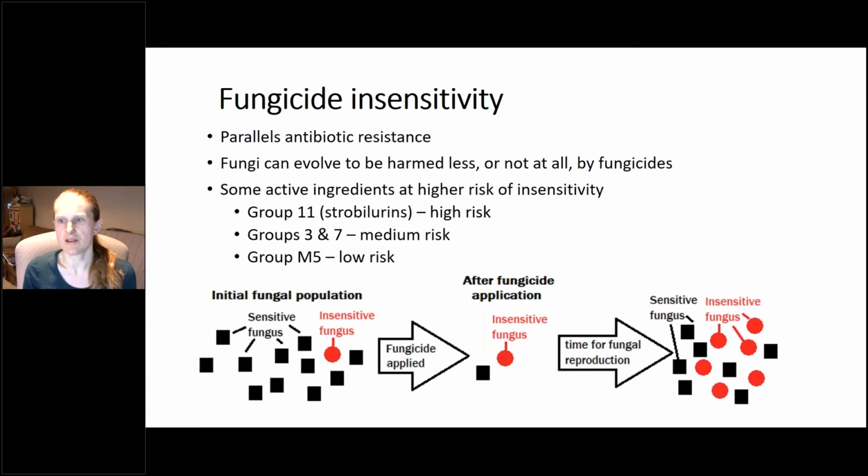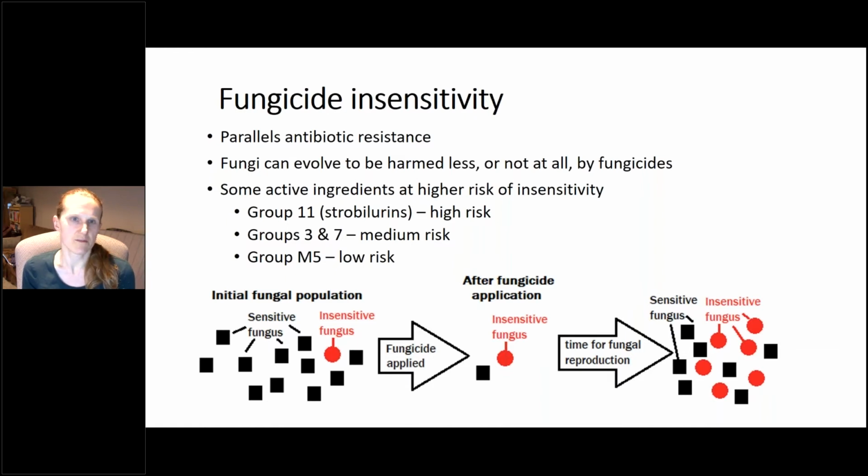So that means they won't be harmed, or will be harmed less, by the fungicide. And the majority will be sensitive. And that's the way it will stay if you don't apply a fungicide. But if you do apply a fungicide, the majority of the sensitive fungi will be killed and the insensitive won't. And so then the proportion shifts.